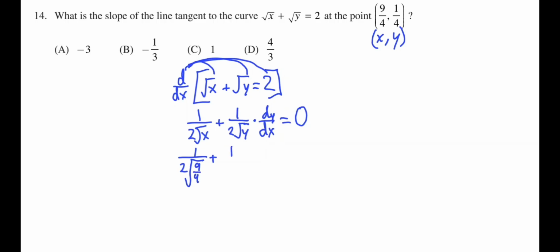Plus we have 1 over twice radical y, which is a 1/4. And then times dy dx is equivalent to 0. All right, so if we simplify that, we have 1 over twice, the square root of 9 would be a 3, and the square root of 4 would be a 2. Then plus we have 1 over twice, the square root of 1/4 would be a 1/2.